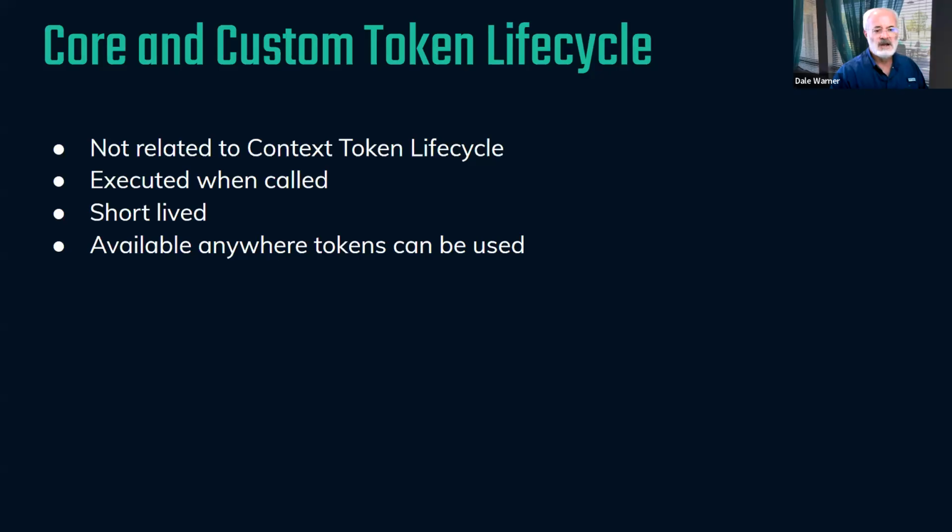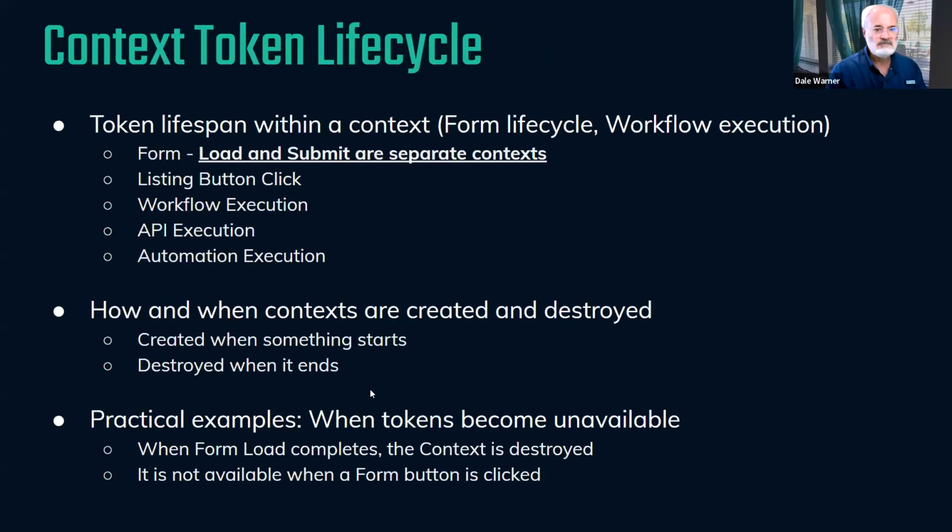So they're executed when they're called. Those core and custom tokens live just for that time while they're called, but they're available anywhere tokens can be used. They're completely different from context tokens.